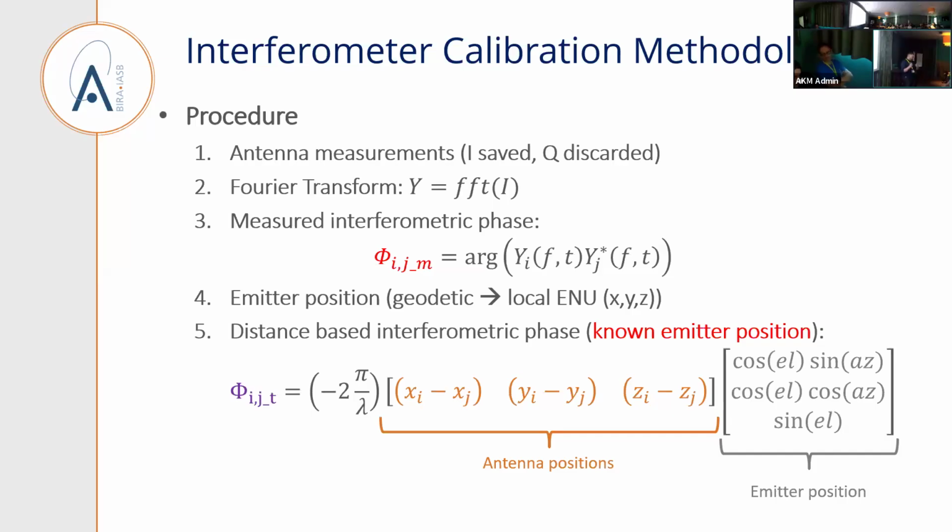So I have the emitter position, and I can then calculate the theoretical or distance-based phase shift by applying the known antenna positions here. And here we have basically the emitter position or the wave vector. And then we get the phase shift.